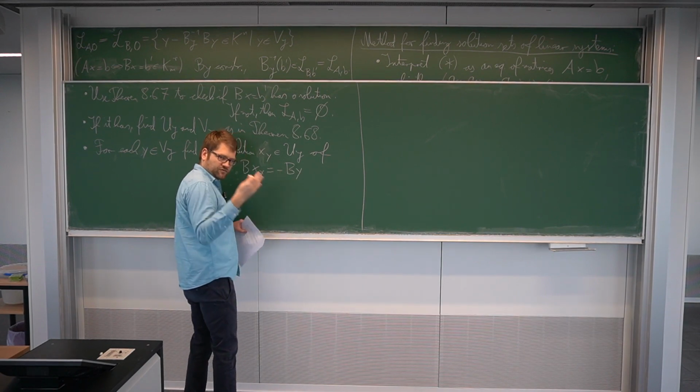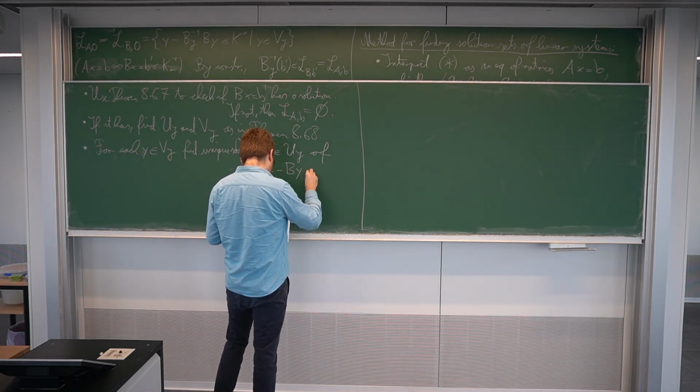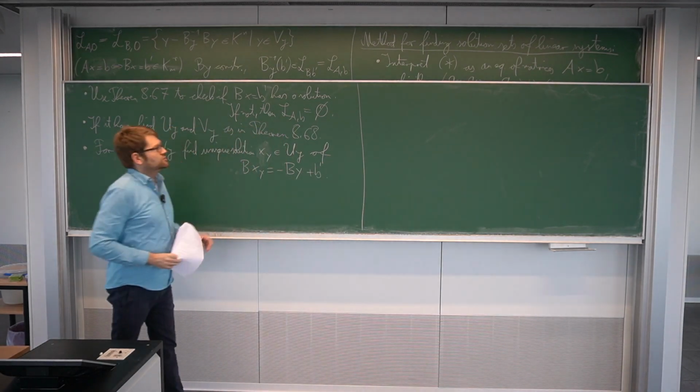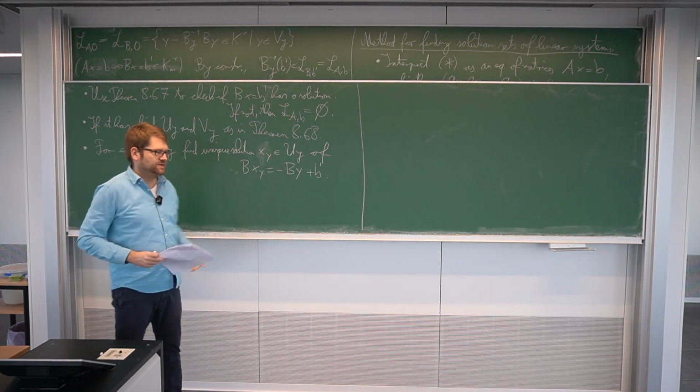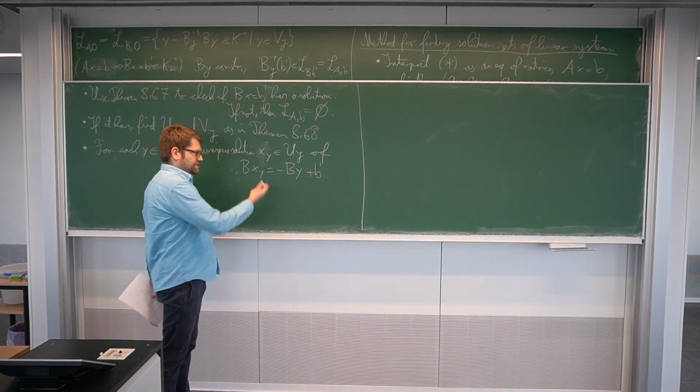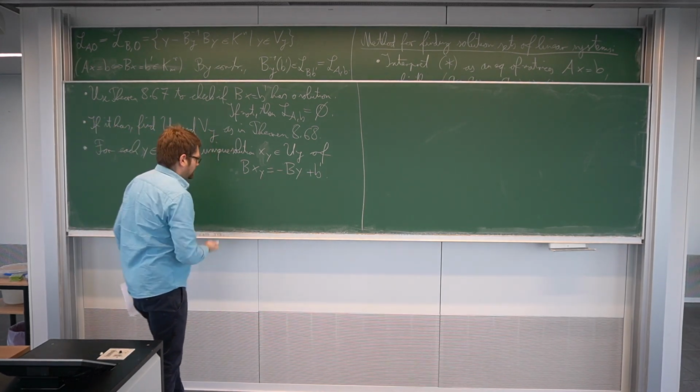This is what we did before for the homogeneous part, and now to get the general part, we just add plus b prime. If you take a look at the proof and think about this equation, this basically combines these steps. By our theoretical reasoning, this has a unique solution. This is what we know, and this is what we have to determine.